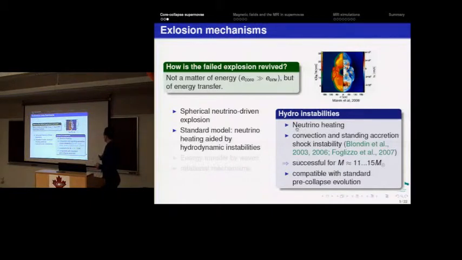So, as shown in these simulations by Andreas Marek from MPA, this whole mechanism may work for simulations for initial progenitor masses of 11 to 15 solar masses. This actually is a simulation of an 11.2 solar mass star. You can see how this instability deforms the shock wave very strongly.